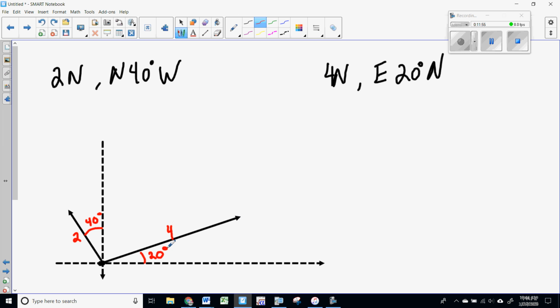Now, if you were doing this at home with your protractor or trying to draw it, remember one of the things we want to do is think of there being another north, south, east, west grid right here to help us get this accurate. So now I'm going to draw my 2 again here, which is length 2, 40 degrees.